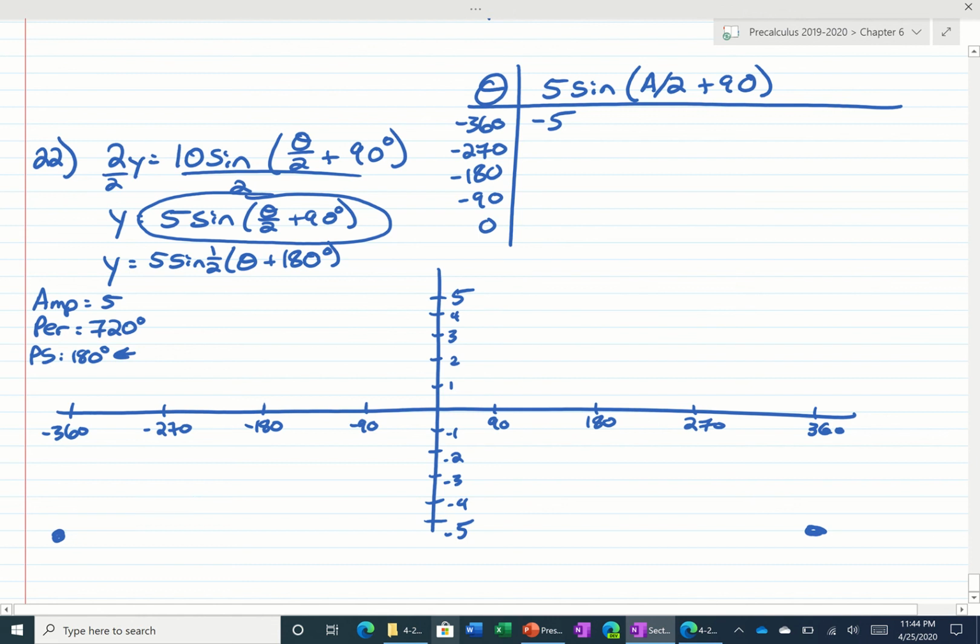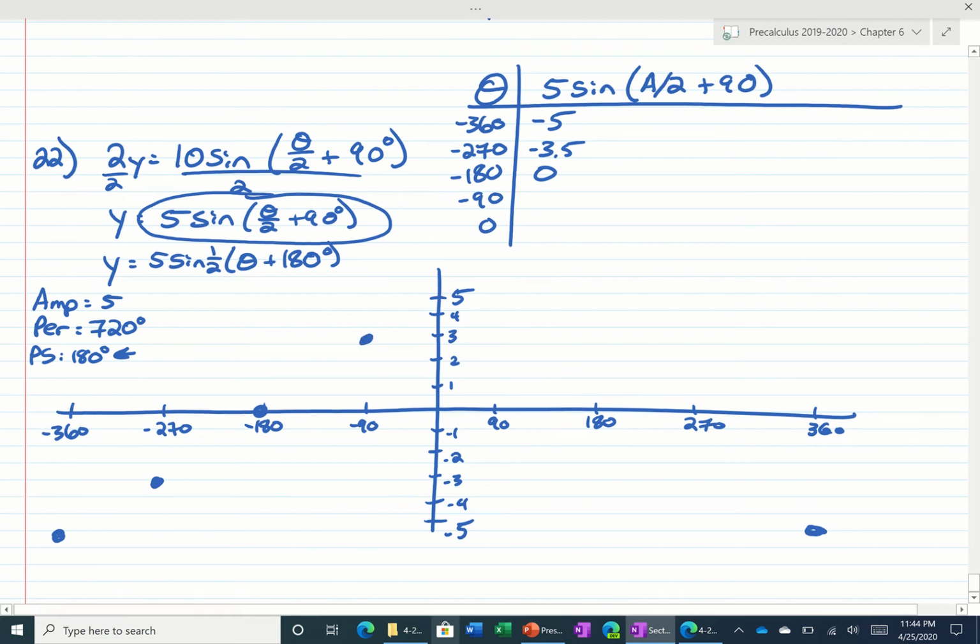But let's double check. Negative 270, store it. I'm getting negative 3.5. Negative 180, store it. I'm getting 0. Negative 90, store it. I'm getting 3.5.